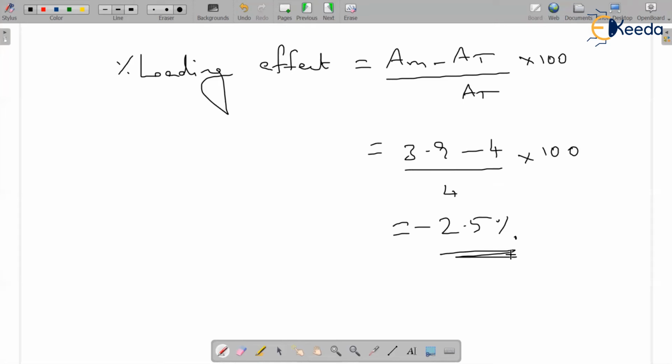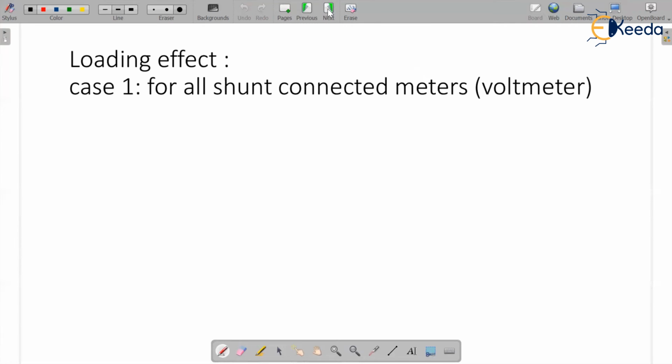Okay, now how is this in case of shunt connected meters? So the loading effect for all shunt connected meters means voltmeters. Let's take an ideal case first.